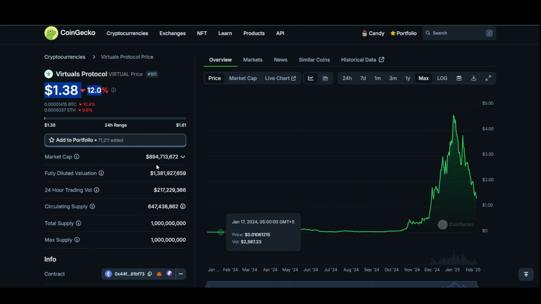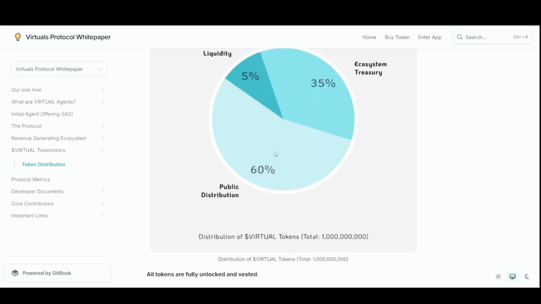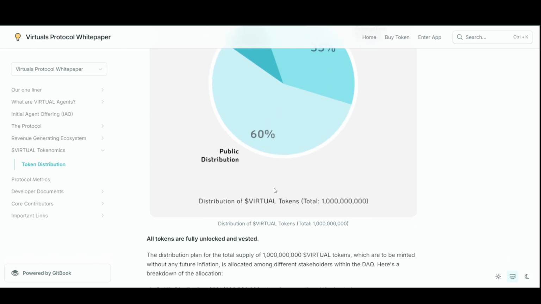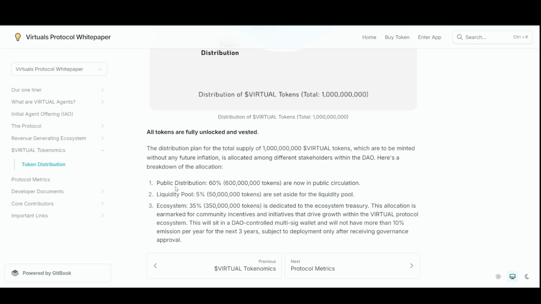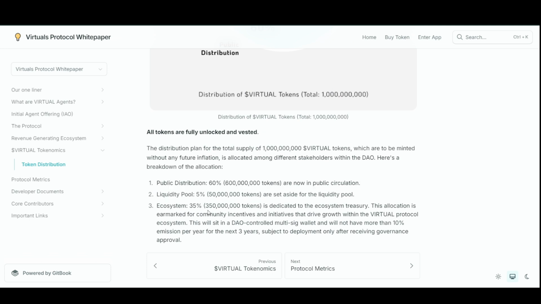Anyways, looking at the token itself, as you can see here, 5% was for liquidity, 35% for the ecosystem treasury, and 60% going towards public distribution. As of now the circulating supply is mostly from liquidity as well as public distribution, and the rest is dedicated to the ecosystem treasury.